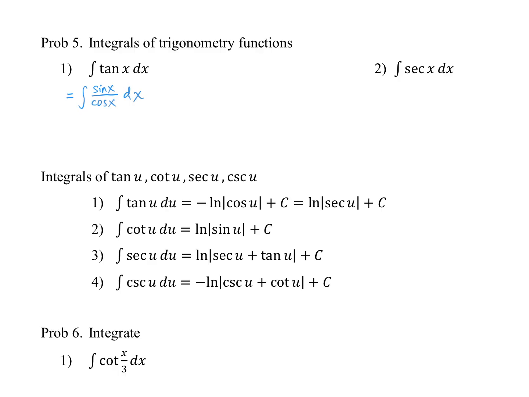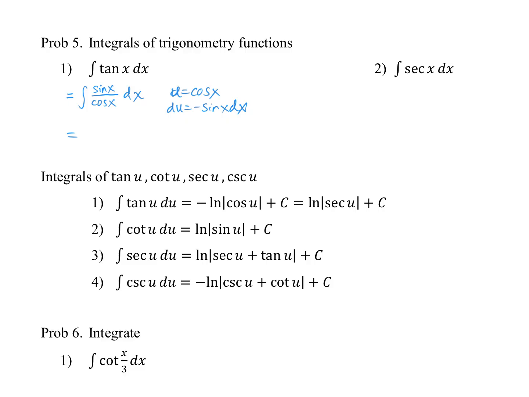And then we cannot do the direct integration, so let's try to think about substitution. So if I call the bottom cosine as the u, I see the du there, right? So let's let u be the cosine. Then du will be negative sine x dx.